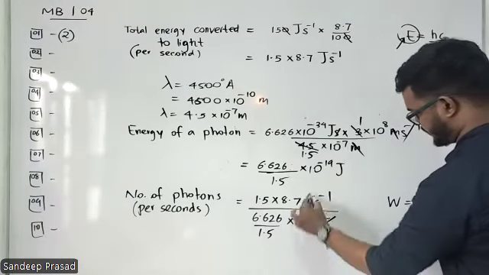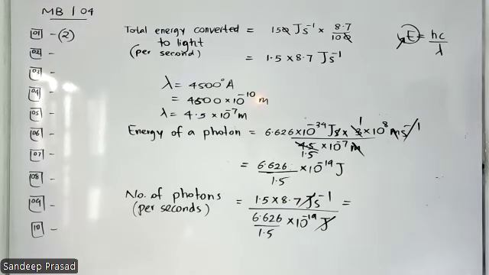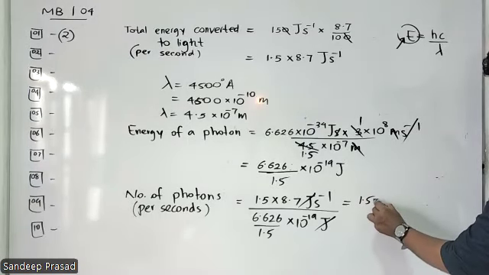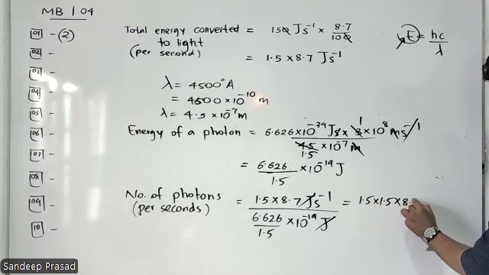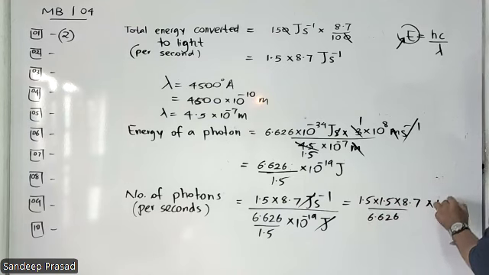Understood? Joules will cancel off. Then we have the answer: 1.5 × 8.7 divided by 6.626, × 10 to the power plus 19. These are the number of photons per second.